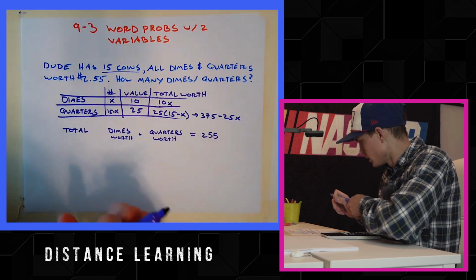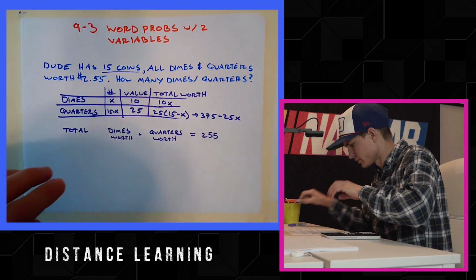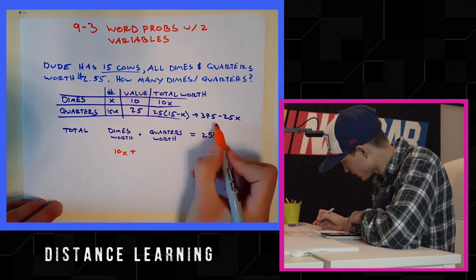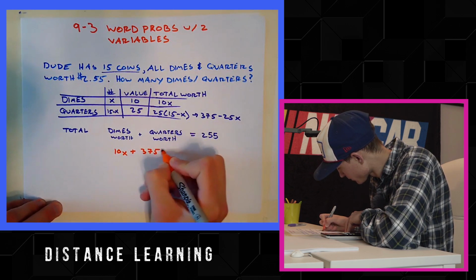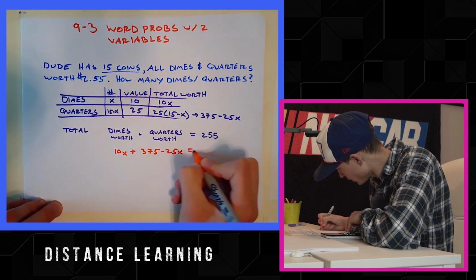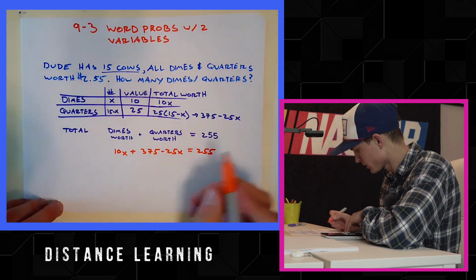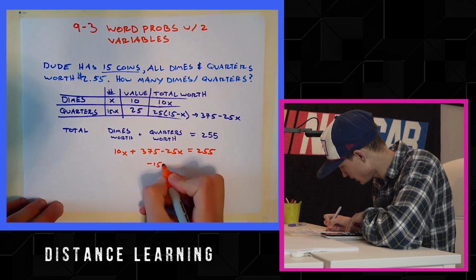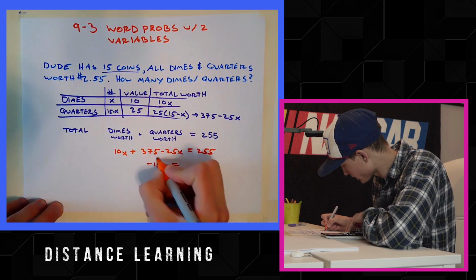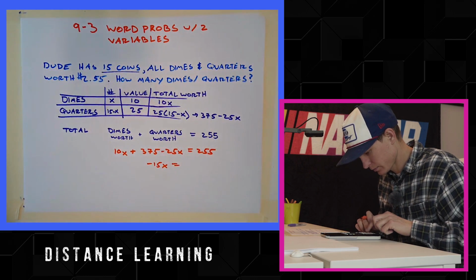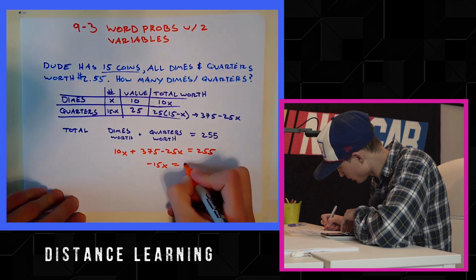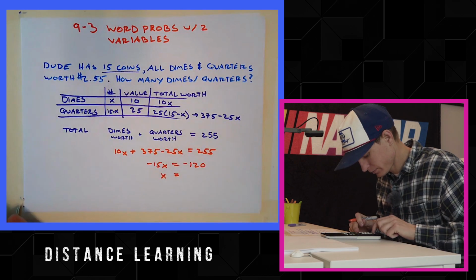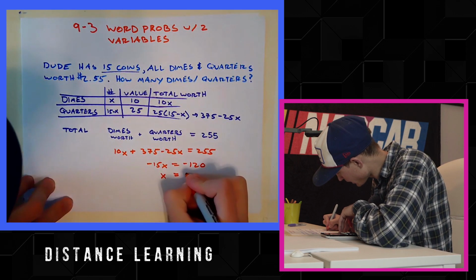So my dimes plus my quarters should equal 255. Combine like terms, 10x minus 25x is minus 15x, and then subtract 375. Gives you negative 120. Divide by negative 15, and you get 8.